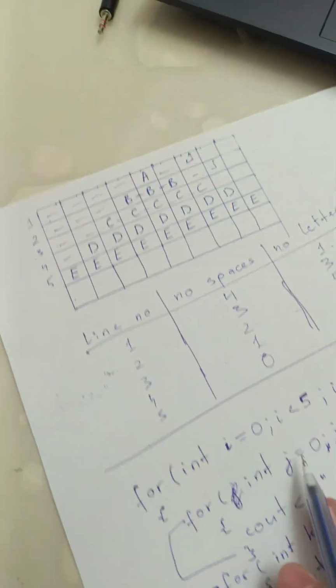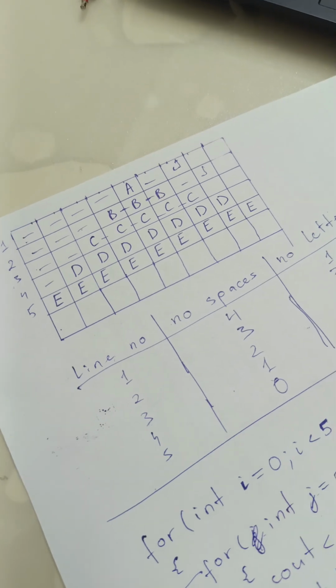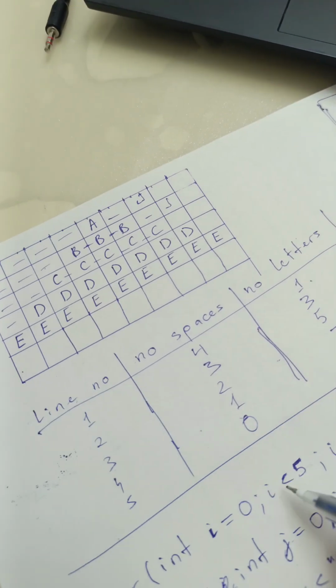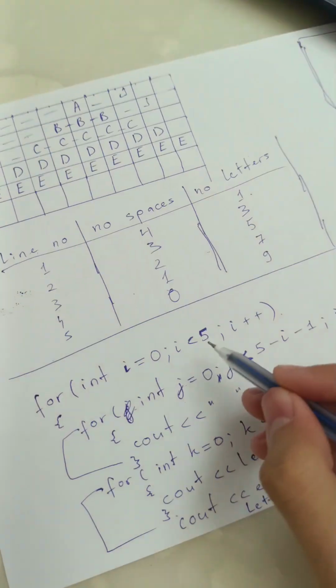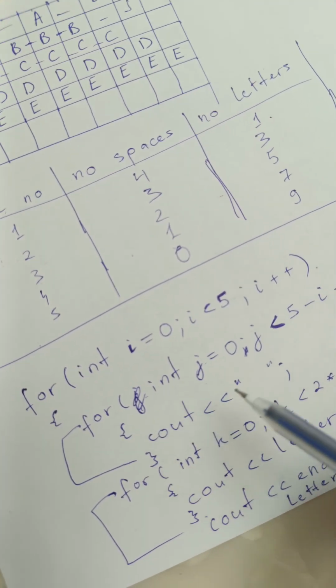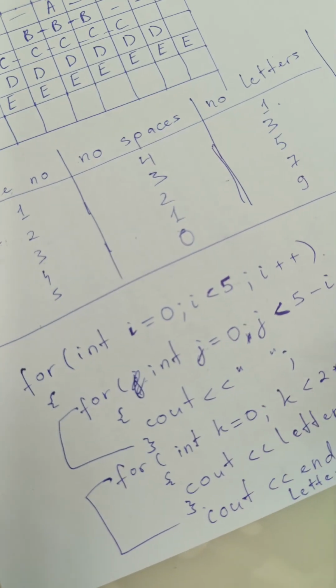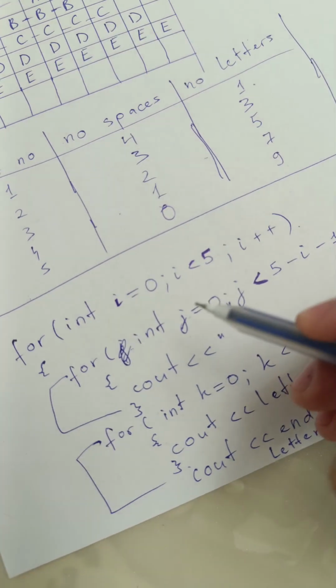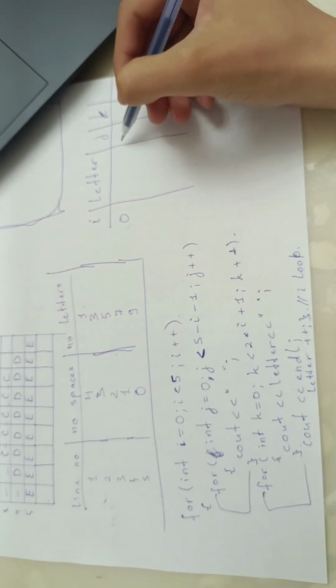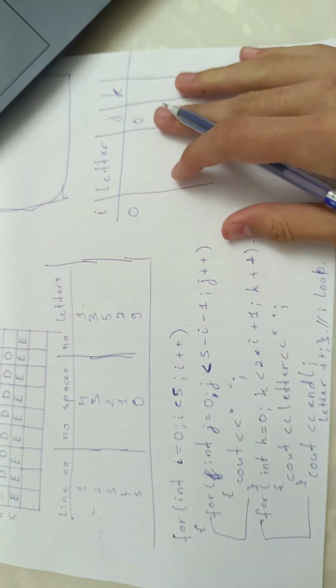So let's begin now. We start from our loop. i equals 0 and i is less than 5. Okay, we go to inner loop number 1. j equals 0.